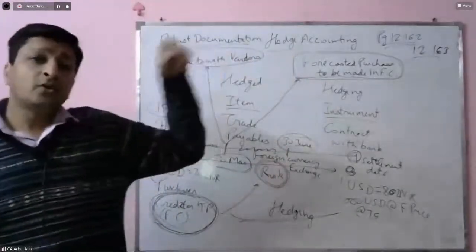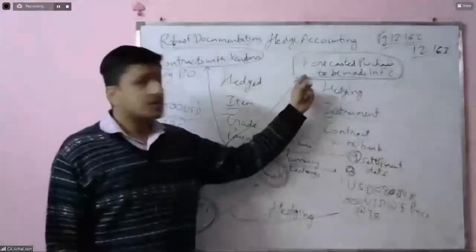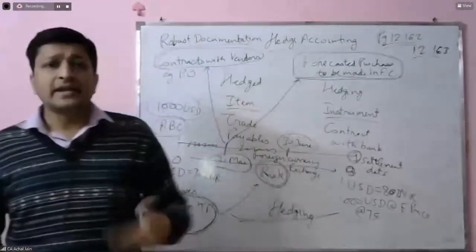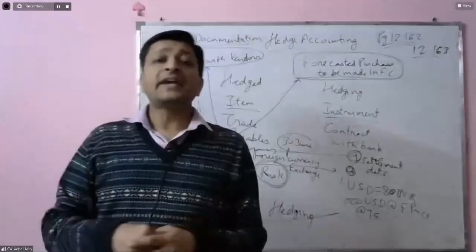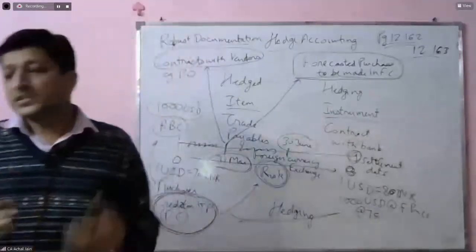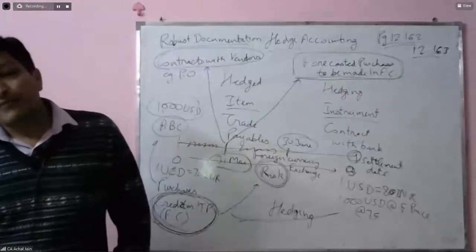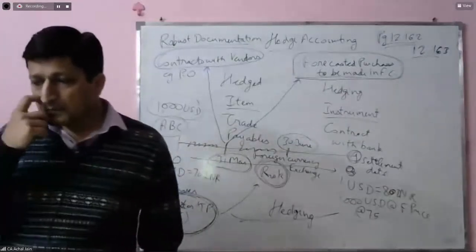So now we are talking about forecasted transactions which are highly probable. Highly probable means which has more than 80% chances of getting executed and could affect the P&L.